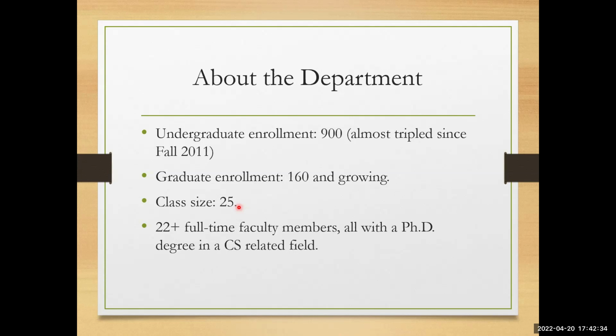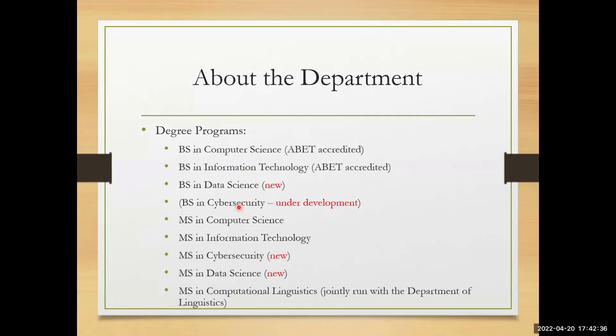We have many degree programs. At the undergraduate level, we have a BS in computer science, BS in IT, BS in data science. We are also developing a BS in cybersecurity. At the graduate level, we have MS in computer science, MS in IT, MS in cybersecurity, and MS in data science. We also have various combined programs.